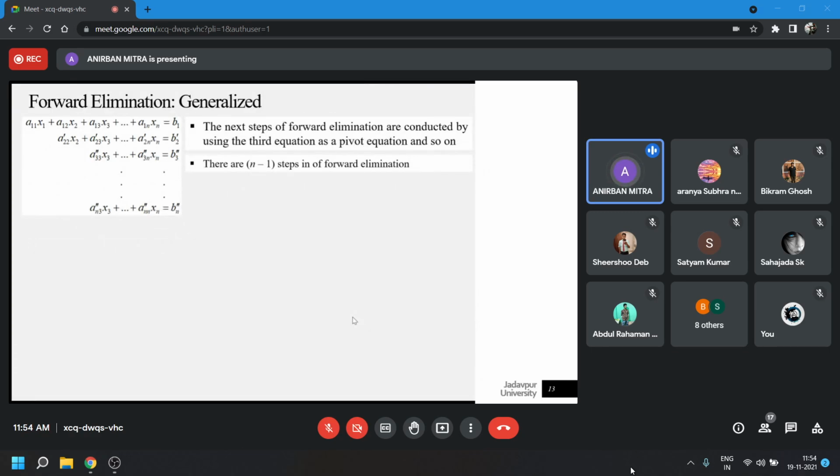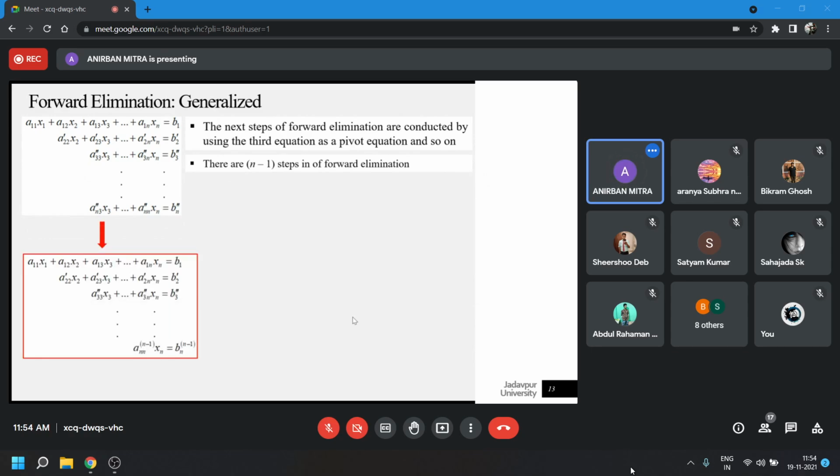As already mentioned, there would be a total of n-1 steps in this forward elimination procedure, at the end of which you will obtain this triangular form.